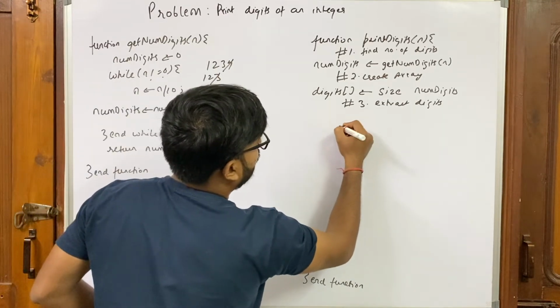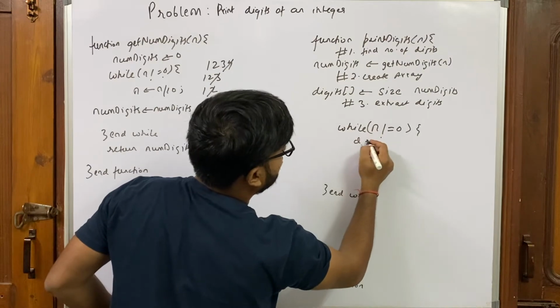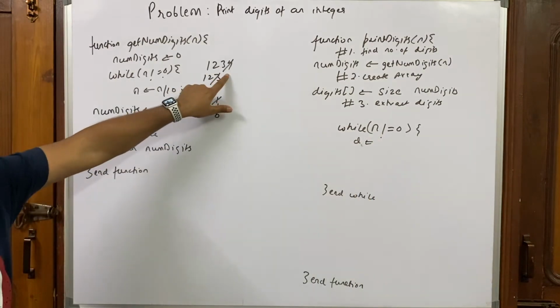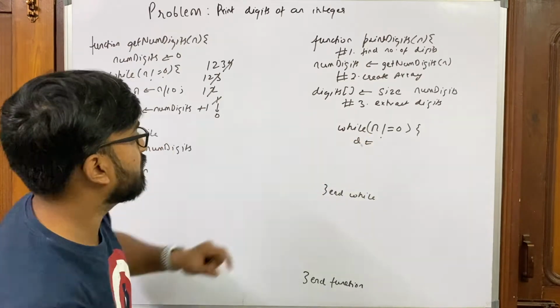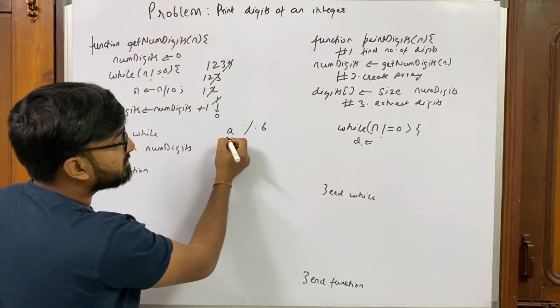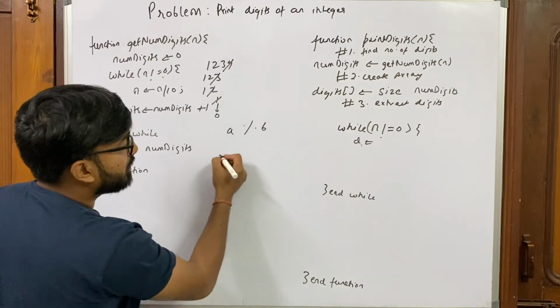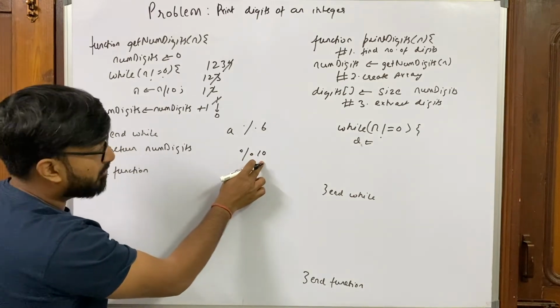So while n is not equal to 0, d is basically the digit at the units place in n. How do we get the digit at units place in n? We use the percent symbol. Okay. So a%b basically returns the remainder when a is divided by b. So any integer value %10 will give you the number at the units digit.